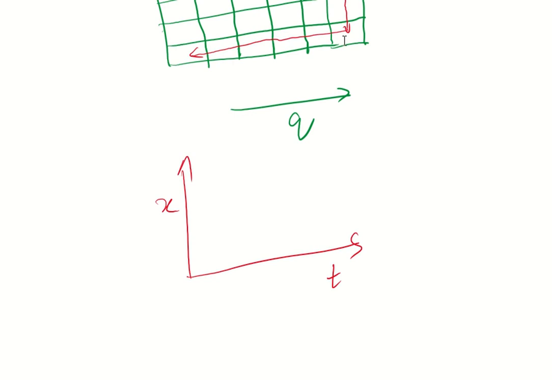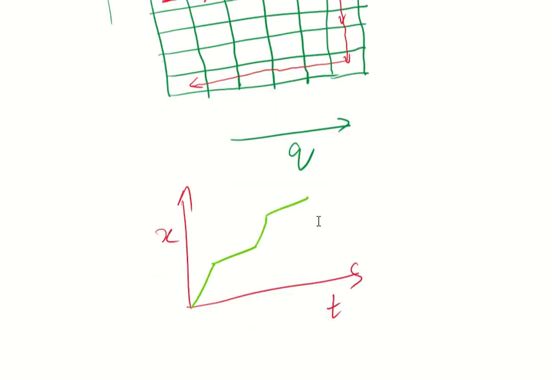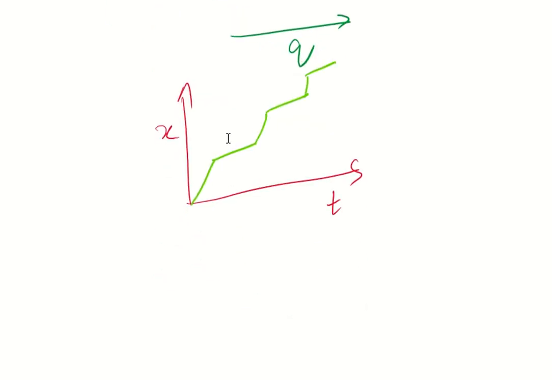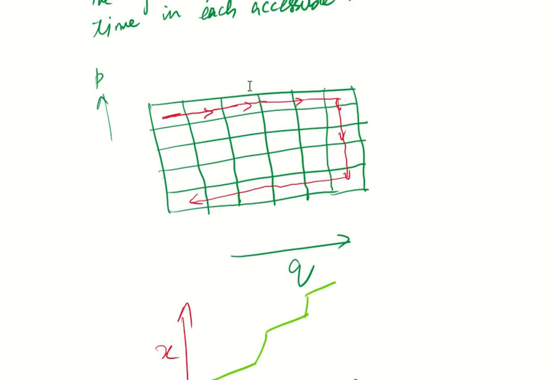Just like it moved here in phase space, it is moving with some random movements in coordinate space like this. So we take all these points and divide by time, so we get some average velocity, for example. So this average will be equal to this average.